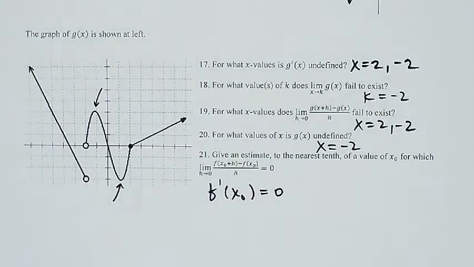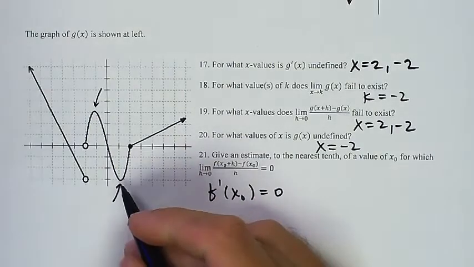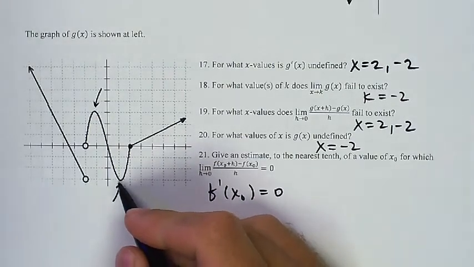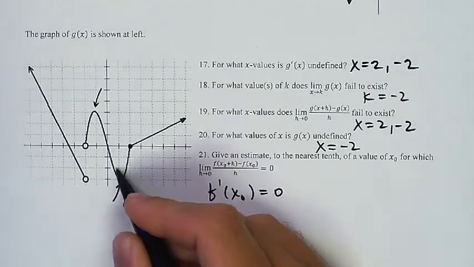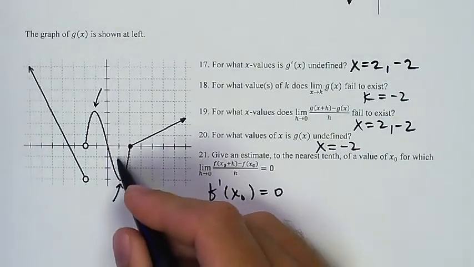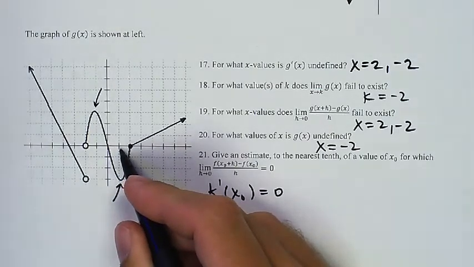Now, I might ask you a question like this on the quiz, and if I ask you to round to the nearest tenth, I'm going to give you quite a bit of leeway. I think that on this one, you should be able to see that the very bottom of this curve is happening to the right of this dotted line. So it's got to be bigger than 1.0.